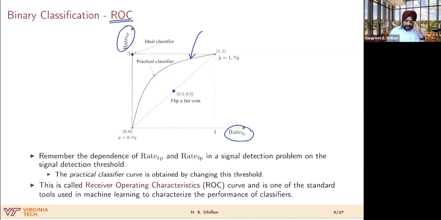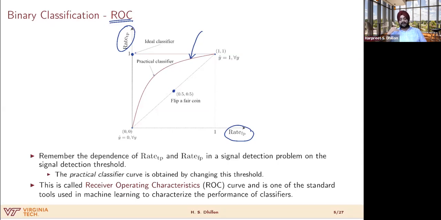Okay. Now, for that, remember the dependence of the true positive and false positive rates in the signal detection problem on the signal detection threshold, right? You are detecting a signal by comparing some metric that you come up with, right? It could be the signal energy, and you compare that with some threshold, right? So if I set that threshold extremely high, right?